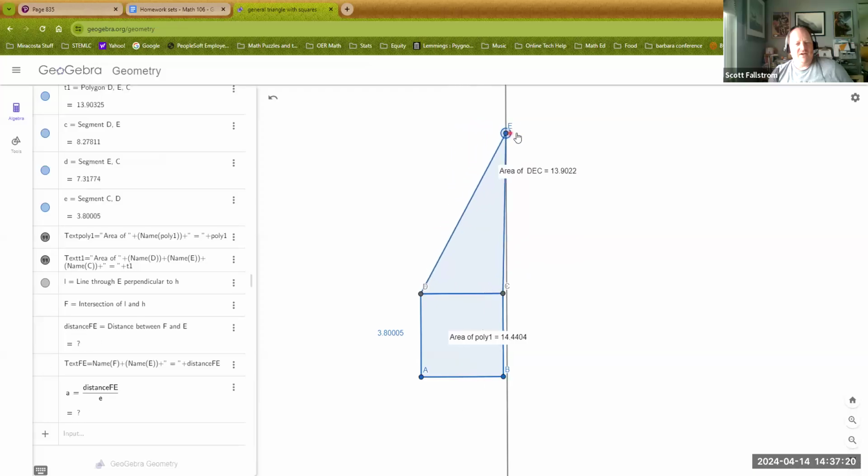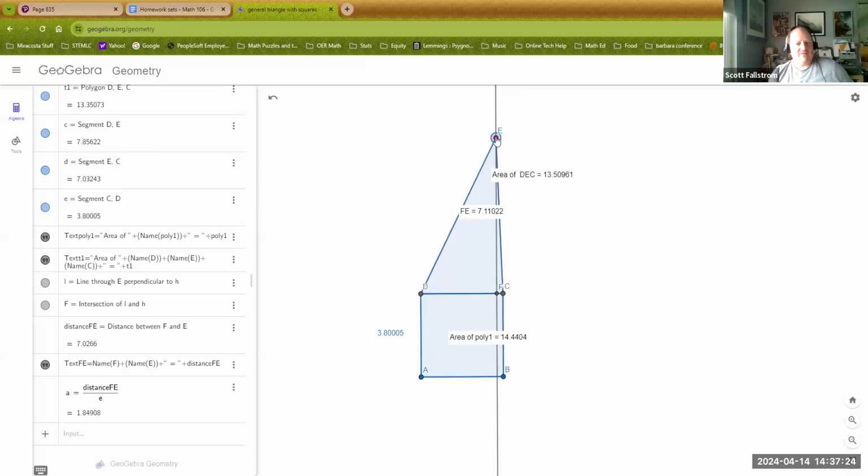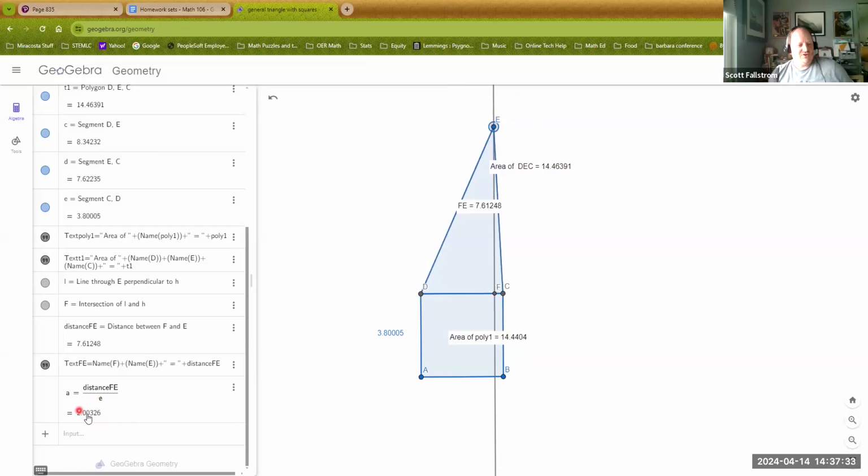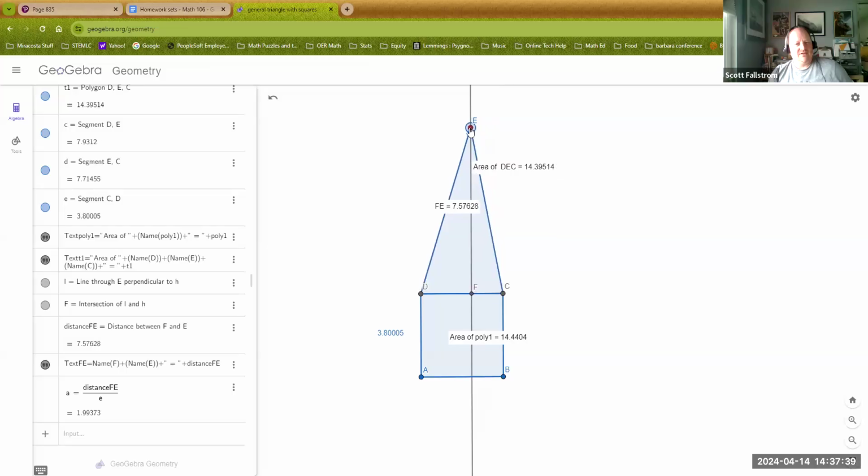And that might be enough of a hint for you to say, wait a minute, if I want the areas to be pretty darn close, 14.4, 14.4, look at that ratio. The ratio stays right around 2, and that might help you come to why that is the case. Can you justify why the height of the triangle has to be twice as long?